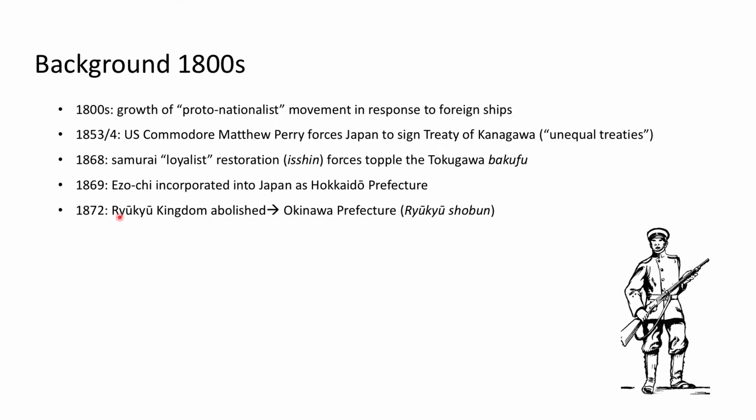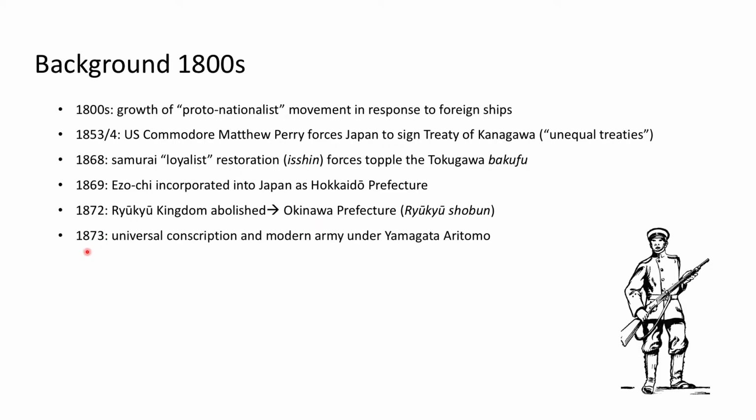But the Meiji government forcefully abolished the Ryukyu kingdom, forcefully abducted the Ryukyuan king Shoutai, and imprisoned him in Tokyo, and then made that into Okinawa Prefecture and stationed troops there to keep the peace for quite a while.